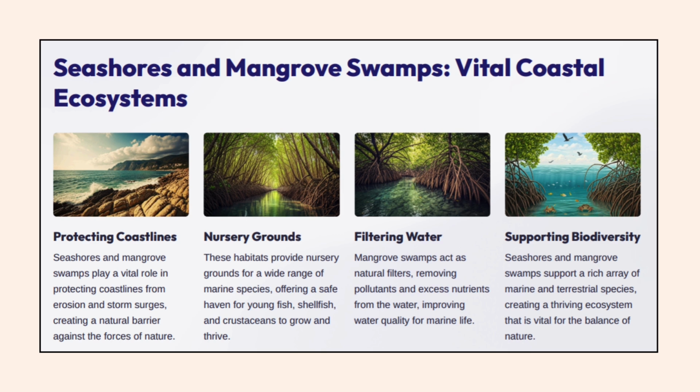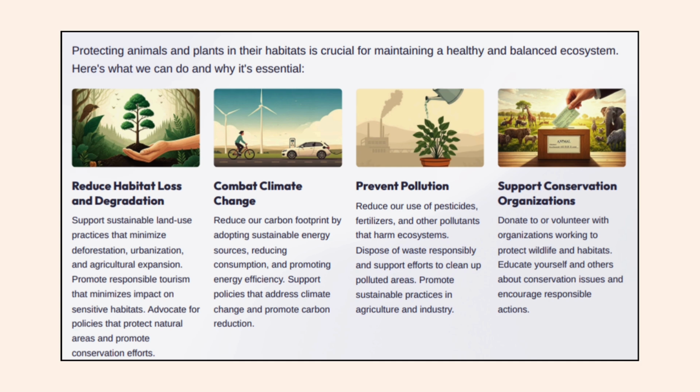And of course, supporting biodiversity. Seashore and mangrove swamps support a rich array of marine and terrestrial species, creating a thriving ecosystem that is vital for the balance of nature. Protecting animals and plants in their habitats is crucial for maintaining a healthy and balanced ecosystem.